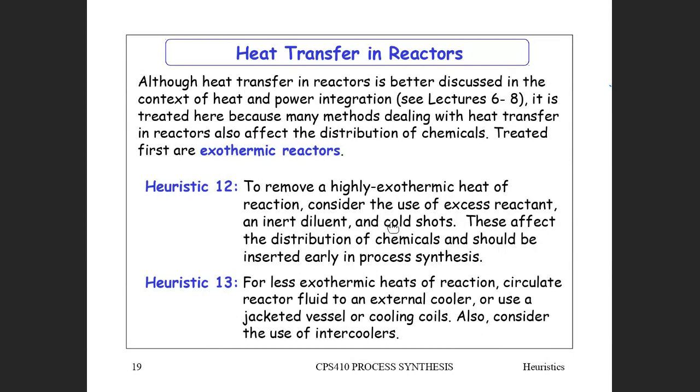Cold shots, I'm going to get my drawing tools out again. Rectangle, red. There's our reactor. And for cold shots, we're going to use lines, blue lines because they're cold.